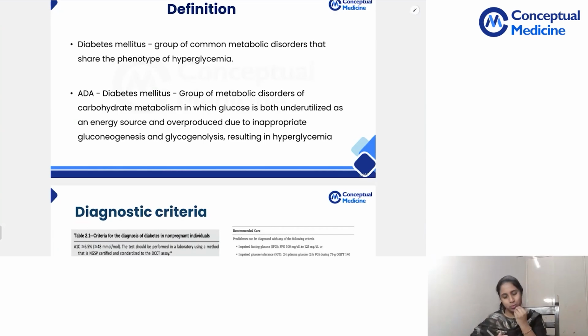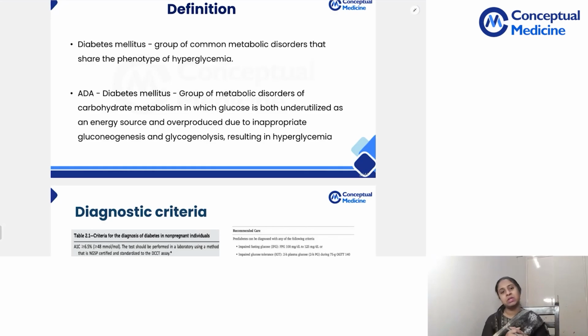To make it even more operational, ADA states diabetes mellitus is a group of metabolic disorders of carbohydrate metabolism. Either the glucose is underutilized, not used at all as a primary energy source, or on the other hand, it is getting overproduced due to inappropriate counteracting mechanisms. Normally, in fasting, gluconeogenesis and glycogenolysis have to happen.